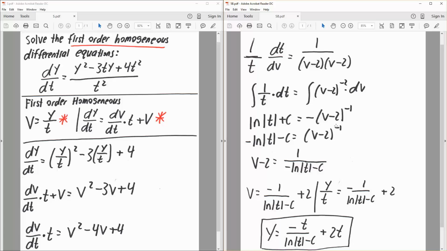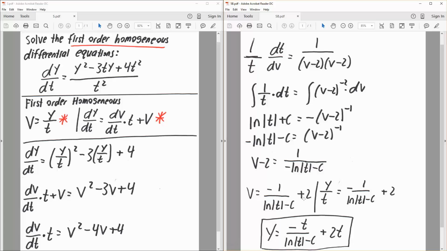And we will remove this negative 1 by flipping: 1 divided by (negative ln absolute value of t minus c) would equal v minus 2, just this. And the next thing, we distribute the minus 2. If we say plus 2 here, we'll say plus 2 here. So we would get v is equal to negative 1 divided by ln absolute value of t minus c plus 2.